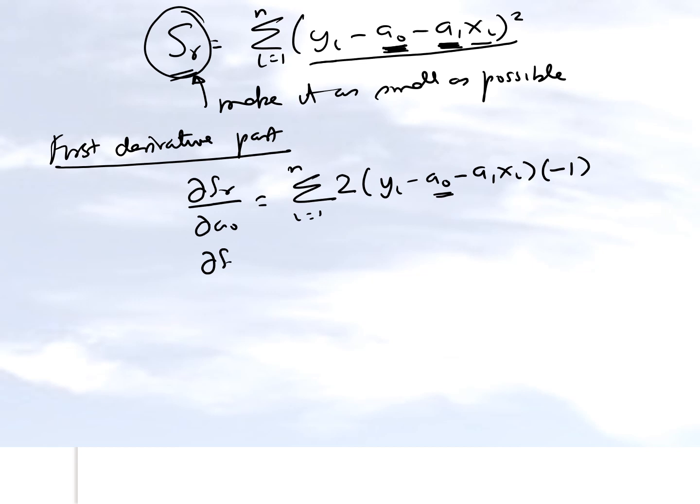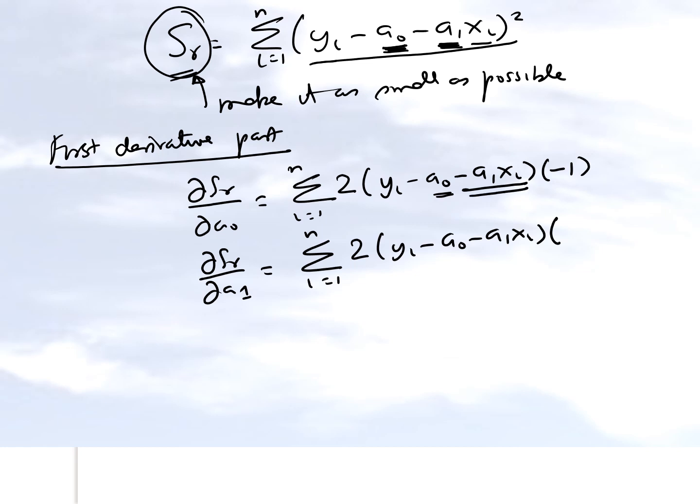Same thing, we'll have del SR by del a1. Again, we apply the chain rule, we get 2 times y sub i minus a0 minus a1xi multiplied by the derivative of what's in the parenthesis with respect to a1, which would be just minus x sub i. And we want to put each of these equal to 0, and find those values of a0 and a1 so that the partial derivatives with respect to a0 and a1 will be equal to 0. Let's go and look at this equation.